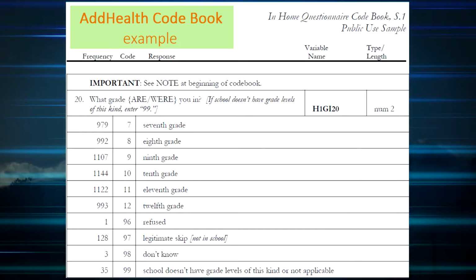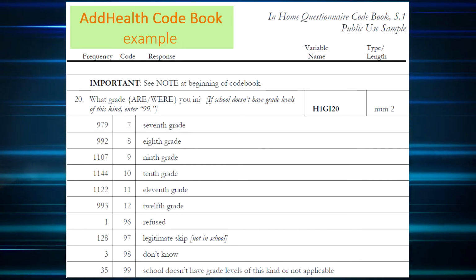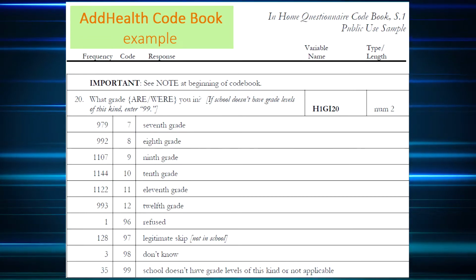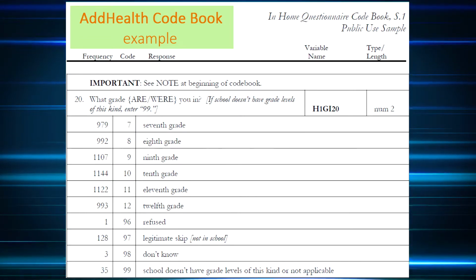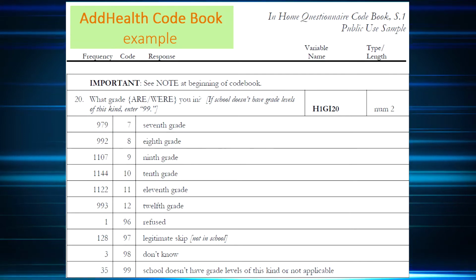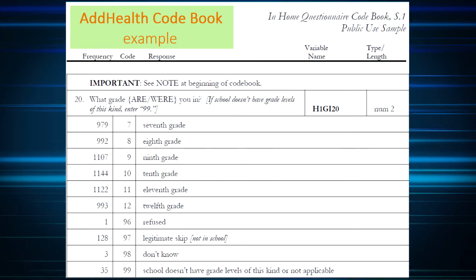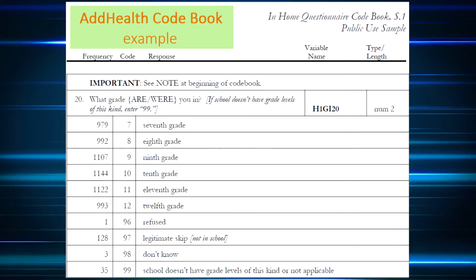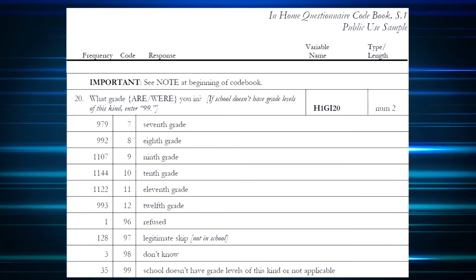As we saw previously with the medical records dataset example, datasets typically include numbers rather than words. So for categorical variables, such as grade level, each of the response options has a corresponding numeric value, and it's that numeric value that can be found in the dataset.